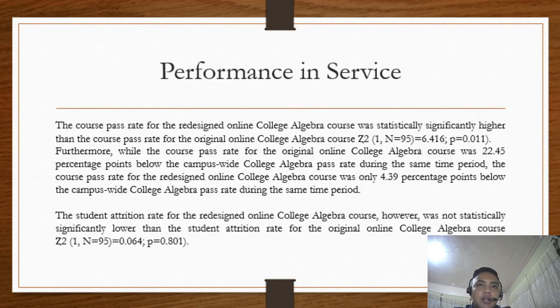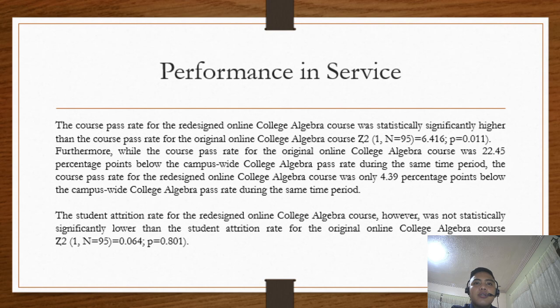Moving on, performance in service. The course pass rate for the redesigned online college algebra course was statistically significantly higher than the course pass rate for the original online college algebra course.